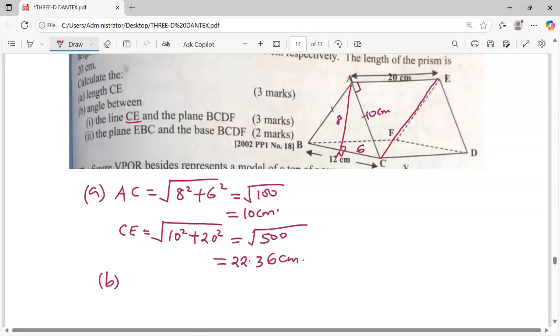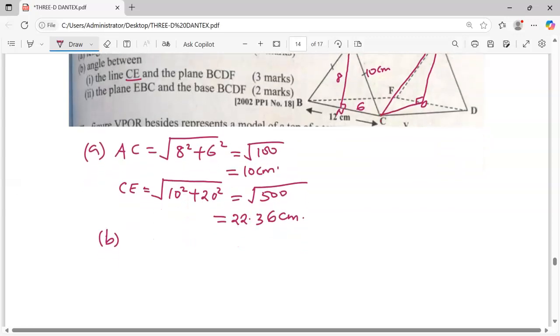If you bring down the projection of EC on the plane BCDF, then the point of intersection between the two is going to be from C moving towards the center of that particular line, and then we drop a perpendicular from E to meet the line of projection of the line CE, and we are going to have a point O at that particular point.